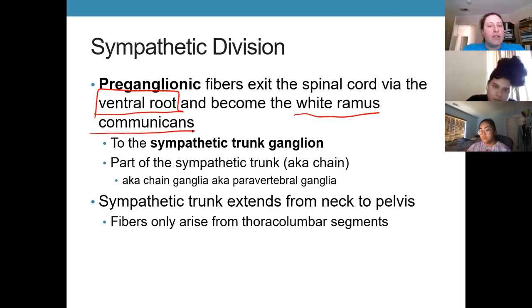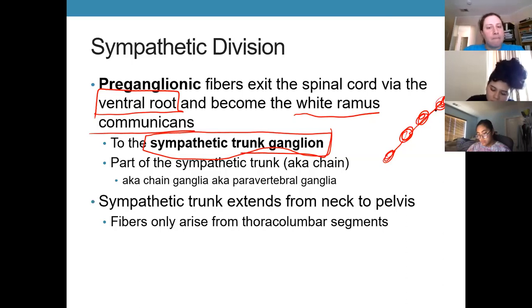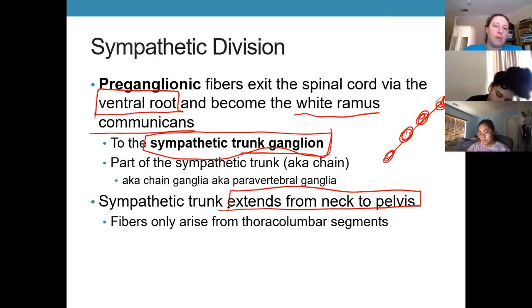So then these vertebral ganglia, which are also called the sympathetic trunk or chain, because they're all connected together like links on a chain, are where we're going to have synapses. And as I said, the trunk itself actually runs the entire length of the spinal cord, from neck to pelvis, even though the preganglionic fibers are only coming out from the thoracic and lumbar spinal nerve segments.